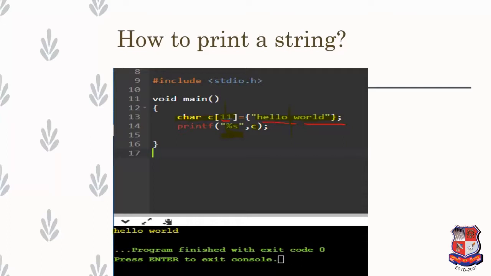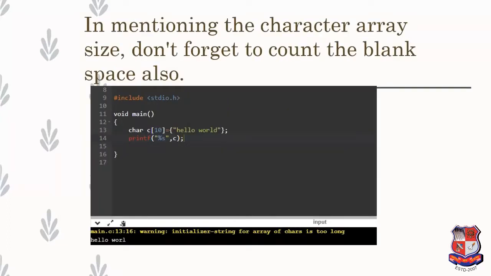If I mention the size as 10, then my output will change. Let us see that. If I'm having here character C10 hello world, then on printing this statement, I will get only hello space WORL. You can see here D is missing, because on counting this blank space my letter size turns into 11, and my array size is only 10 here.